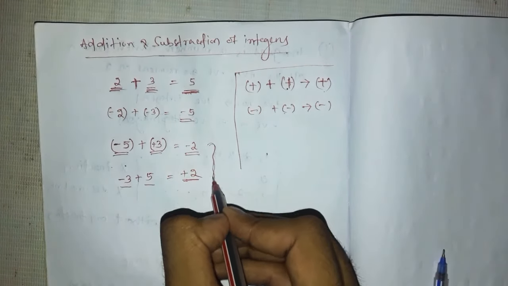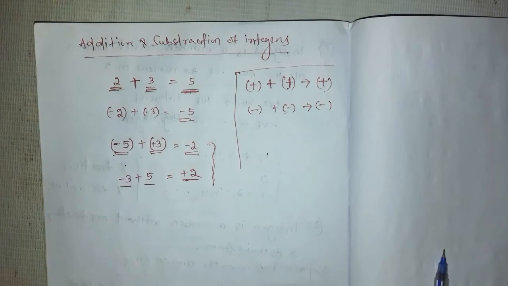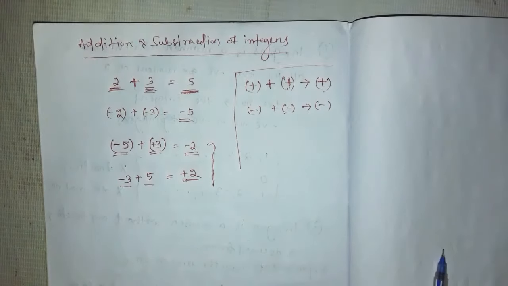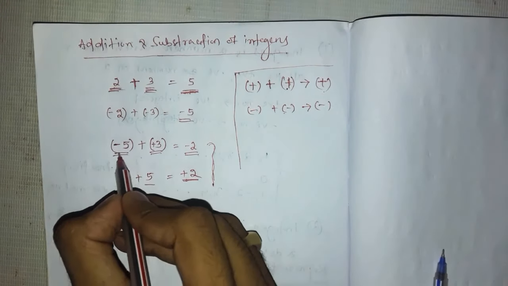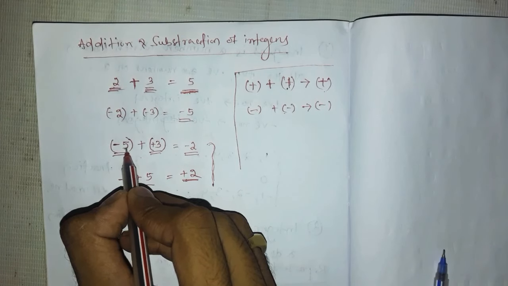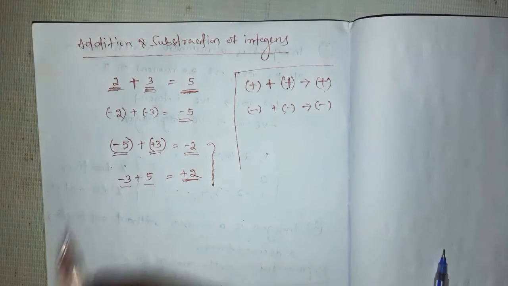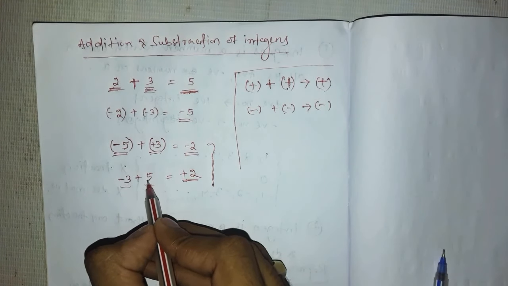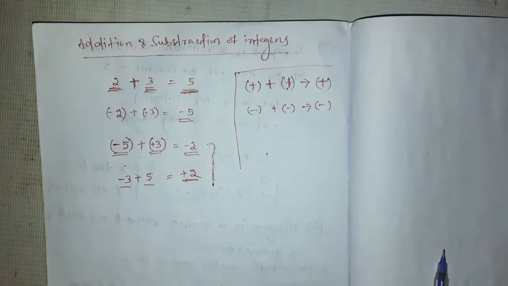In these two examples, the numbers are the same, but according to the sign, the value of the result will vary. Look at this, the number 5 is greater than 3, but the 5 is a negative number. Here the 5 is greater than 3, and the 5 is a positive number.